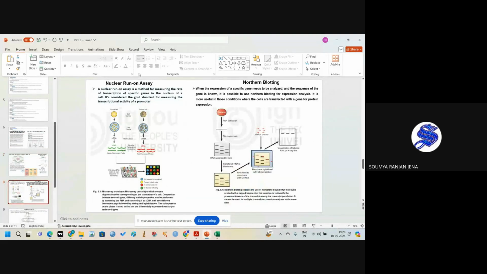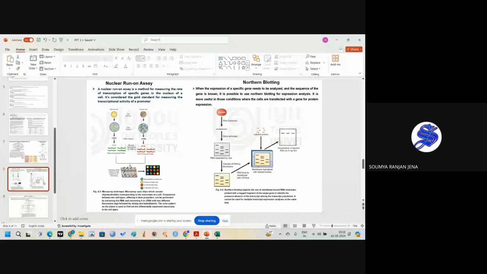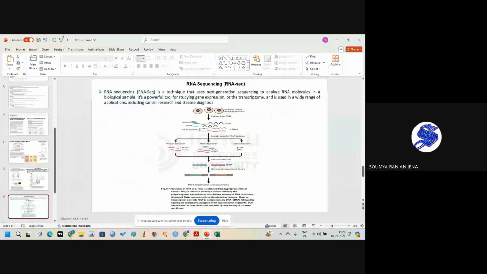And here we also described the different nuclear run-on assay and northern blotting for gene expression analysis. And here is the RNA sequencing. Nowadays it is widely used to know which type of RNA is required for which type of function in our cells or genes. To know this, we have to do the whole RNA sequencing.